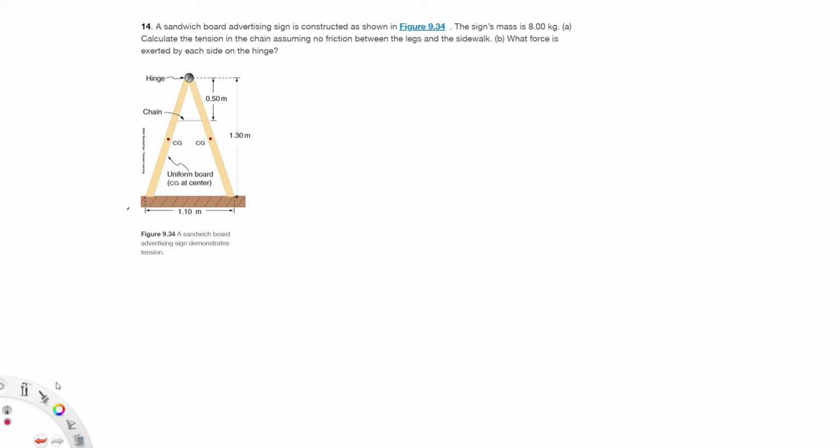So what I would like to do here is just analyze the right half of the sandwich board. And since the whole thing is symmetrical, we're going to say that exactly the same thing is happening on the left half. So the chain is exerting a force like so.